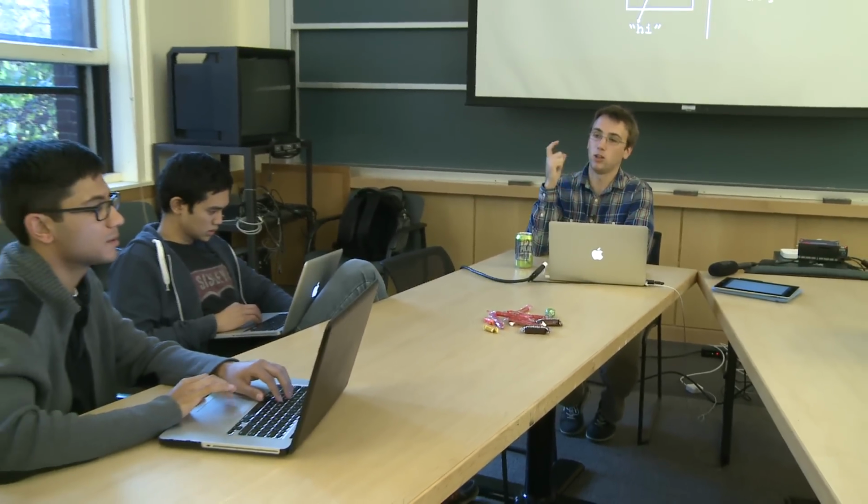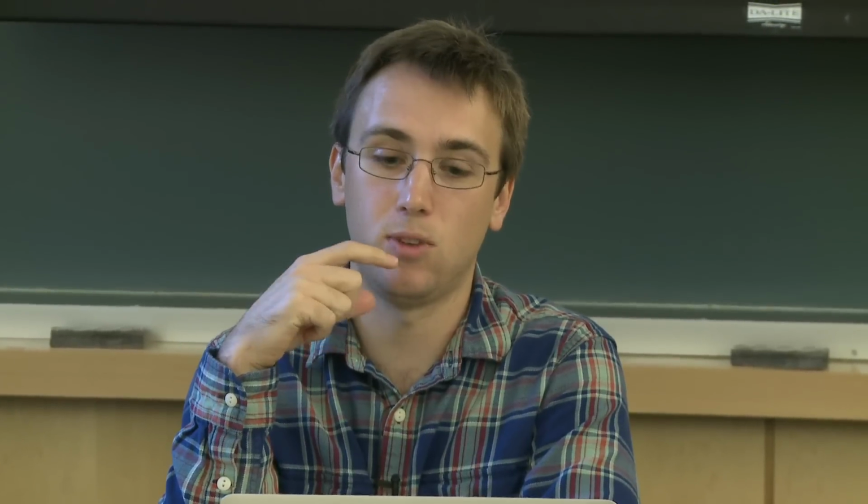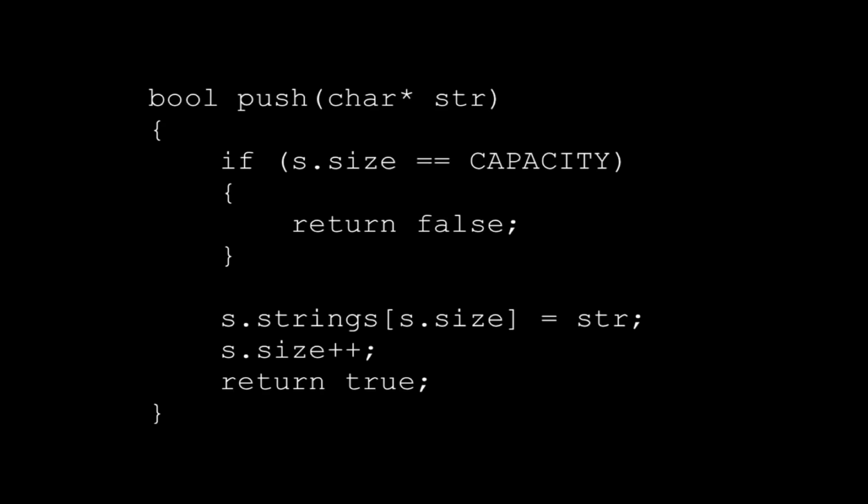Right. But when you index into the strings array, you actually have to go ahead and calculate where the next element is, because with the stack, the next element in your stack was always at the index corresponding to the size, right? So if we look back up at our stack push function, we could always plunk in our new element right at index size.